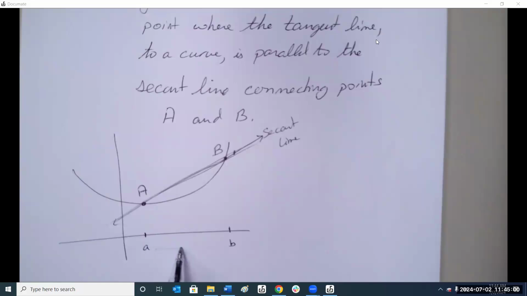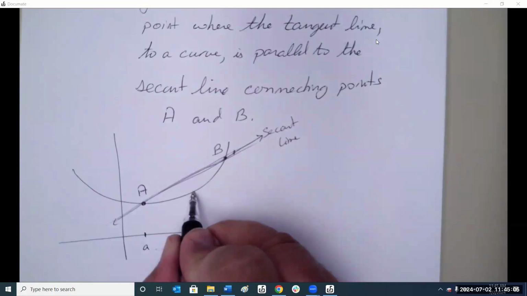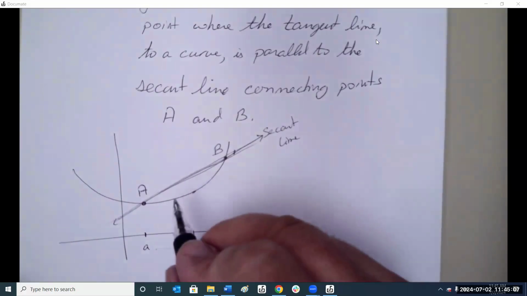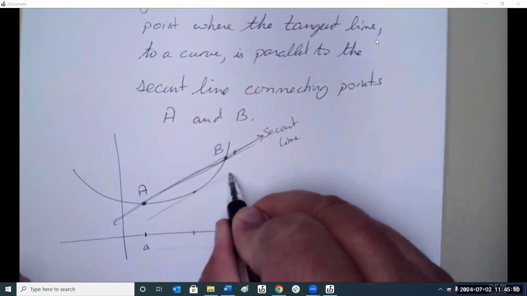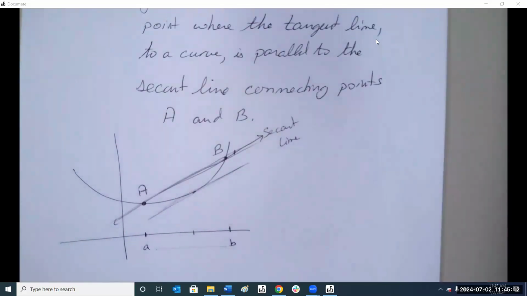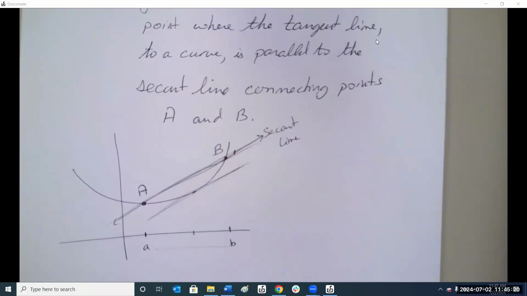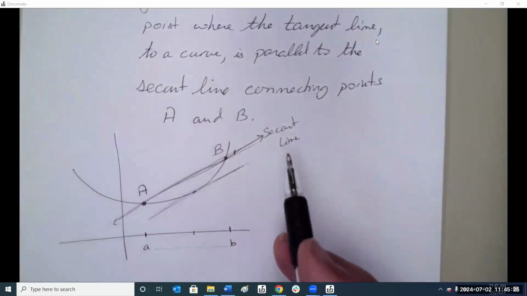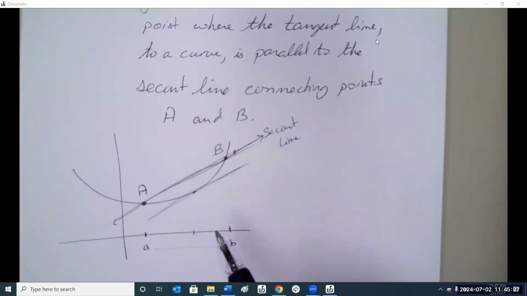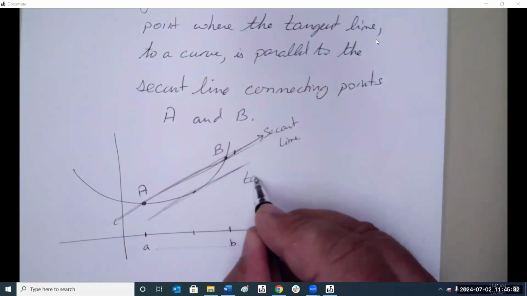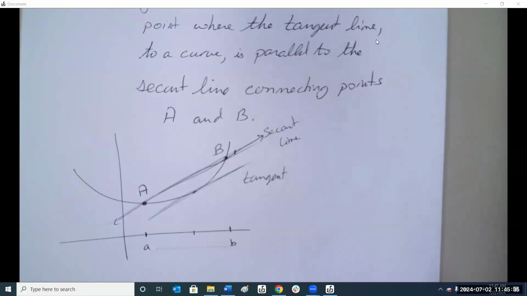As h, which is the distance between these two, goes to 0, we could find the point tangent to the curve that has the same slope as the secant line. In other words, take the secant line, as h goes to 0, we'll have a line that has the same slope, but is tangent to the curve. So that's what the mean value theorem tells us. If we have a secant line, then there's a parallel tangent line to that curve.